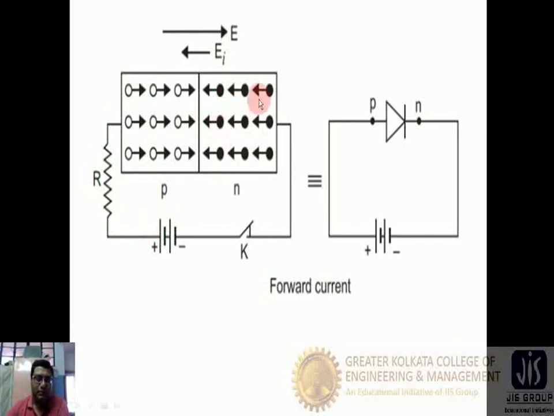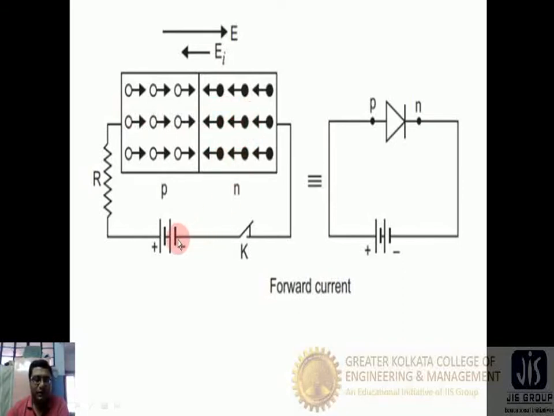When the holes enter the N terminal, there are lots of electrons and they recombine. In this way, the holes easily come towards the N section and recombine.